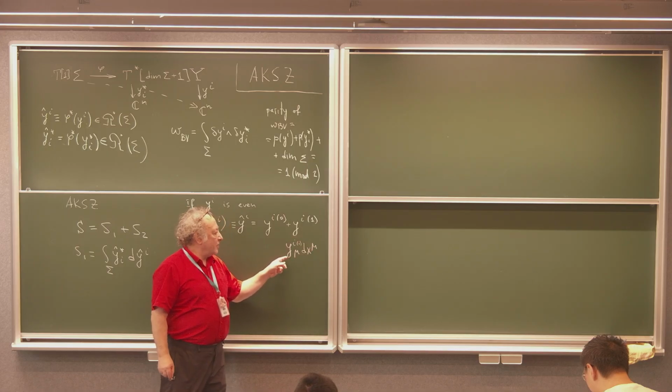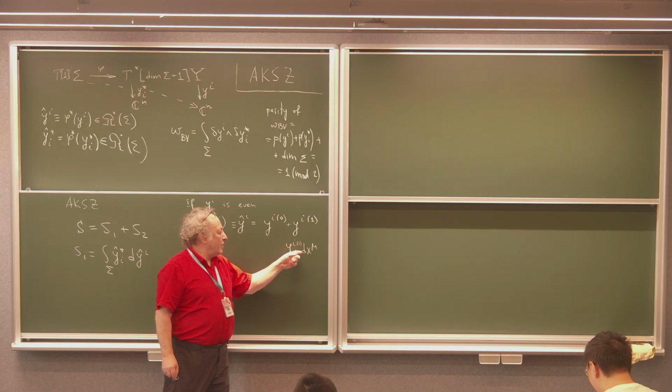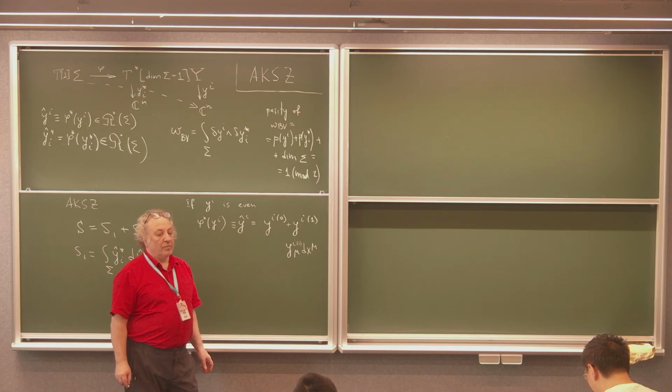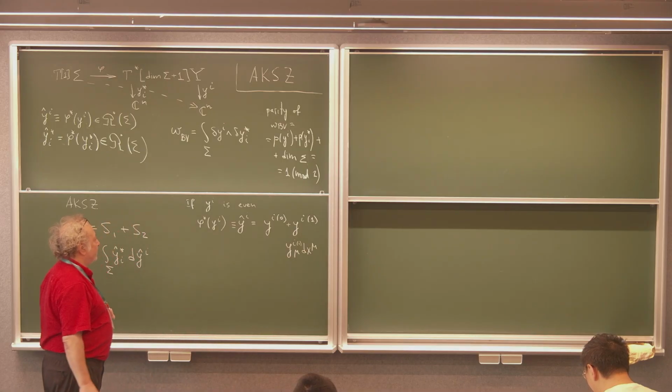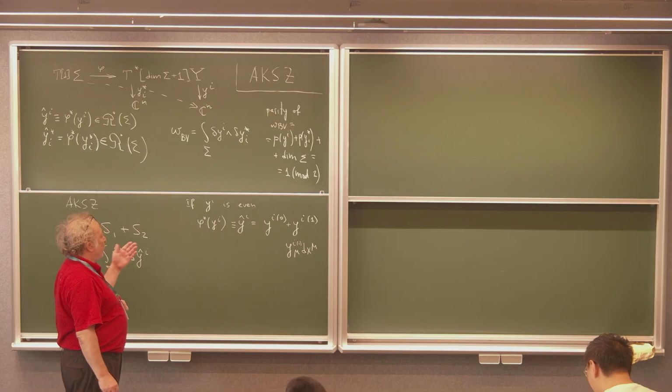If this is even, this is odd, it means that yi mu 1 is odd, and so on. So this is the rule.